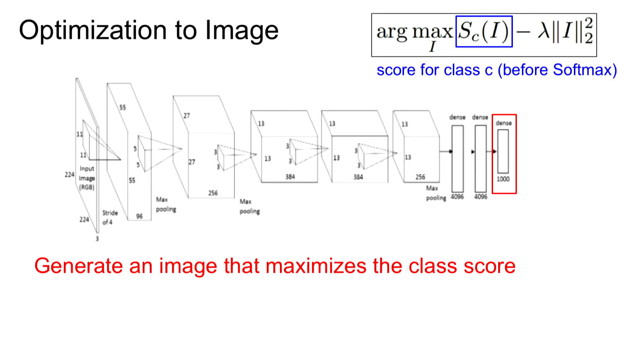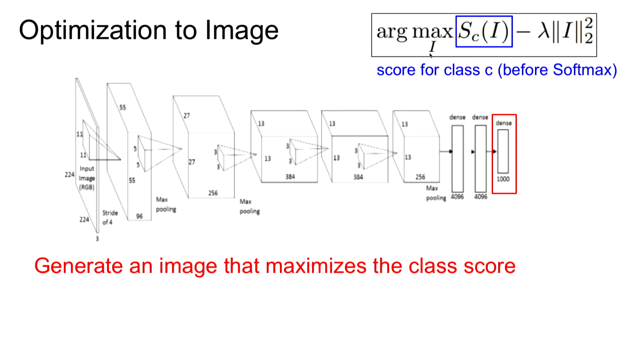All right, so hopefully it'll help a little bit to write that out mathematically. So we have a score function, basically for class C. So if you like, this is the value coming out of this predictor right before the softmax.